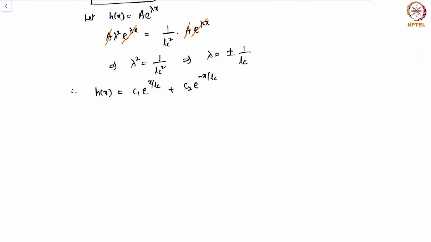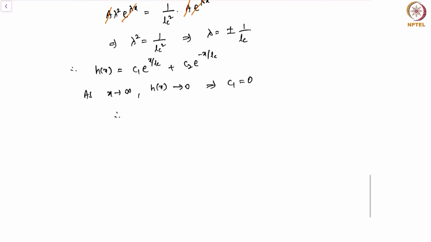Now, using the boundary conditions, as x goes to infinity, h of x goes to 0. This implies that the growing solution cannot be allowed, therefore c1 has to be 0.